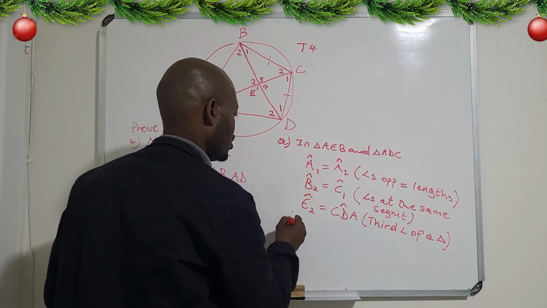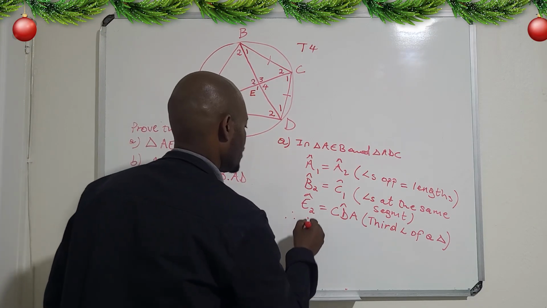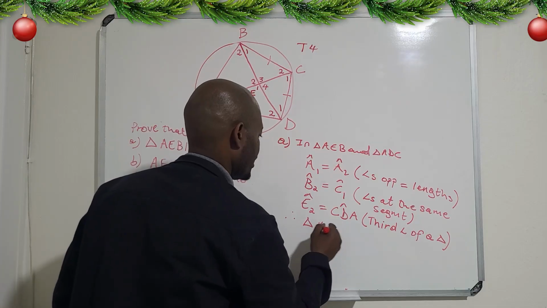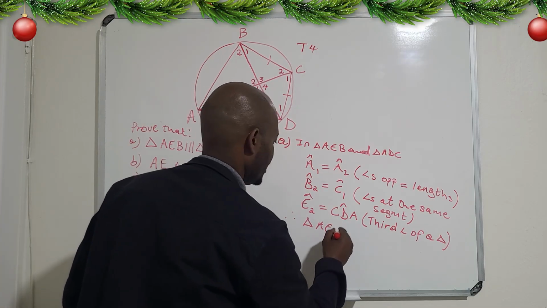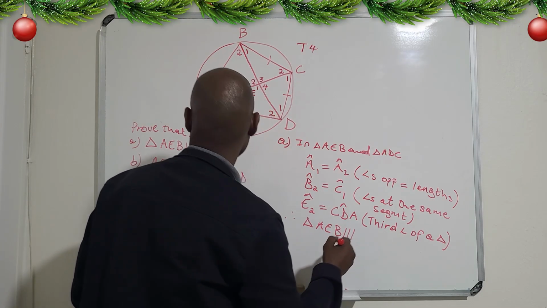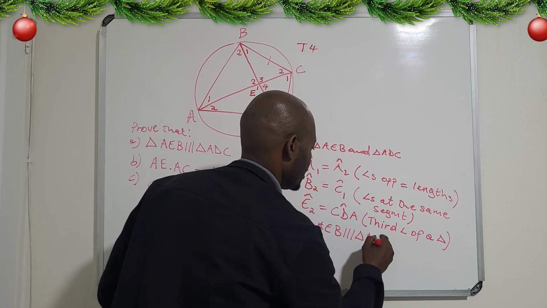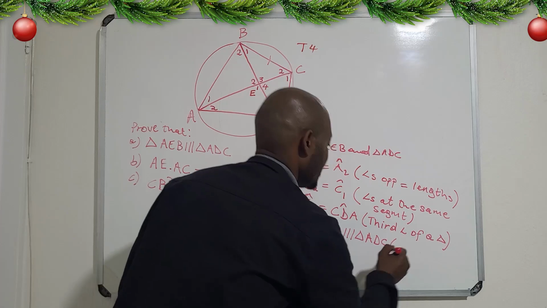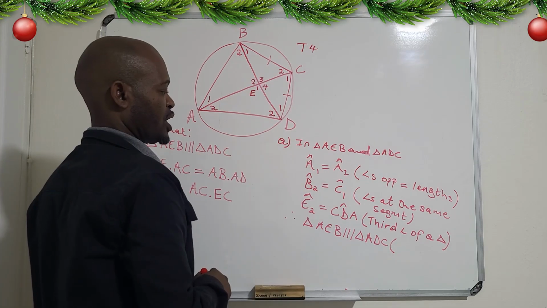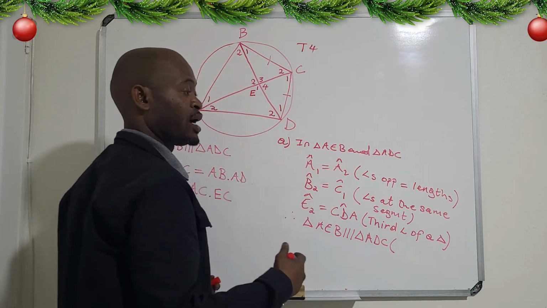Therefore, triangle AEB is similar to triangle ADC. Reason: equiangular triangles, or angle, angle, angle.